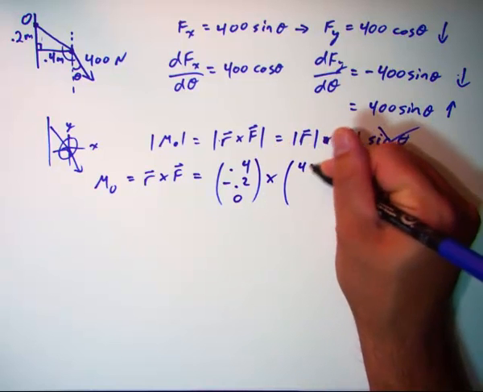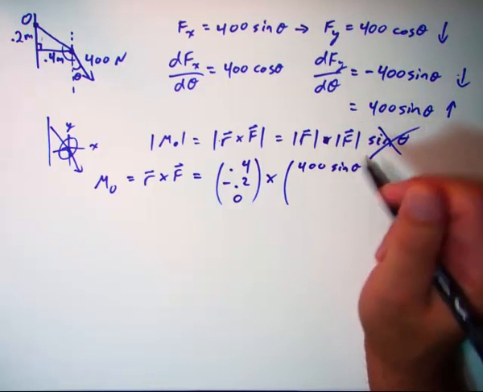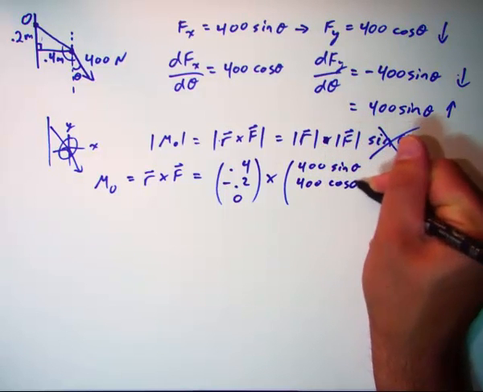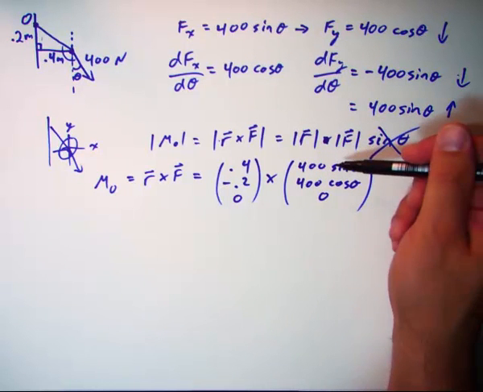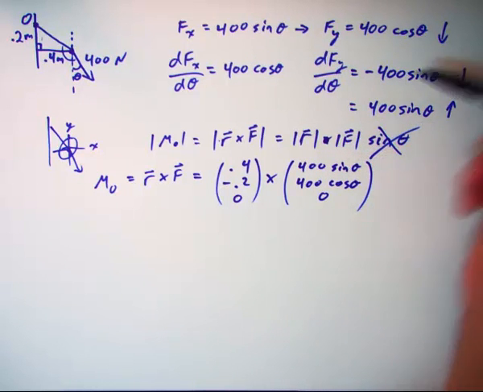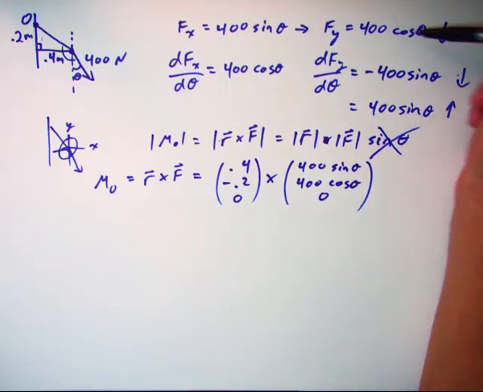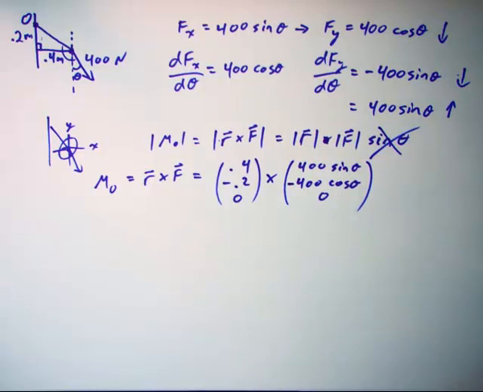We cross it with 400 sine theta, and then 400 cosine theta, and then 0. Let's see, if we look at this vector, it's actually 400 sine theta going to the right, 400 cosine theta going down. That makes this a negative. And then we can work at it from there.